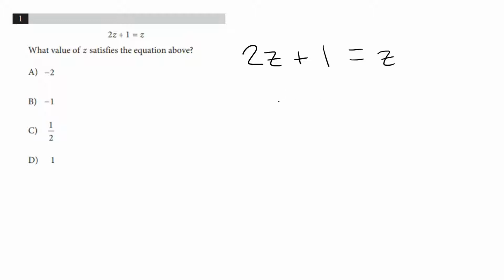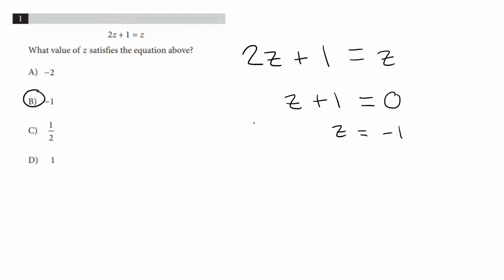So let's subtract z. So 2z minus z is just z plus 1 is equal to 0. So from here, we just subtract 1 and get z is equal to -1. Now, usually you want to just plug this in and select B and hope you did the process correctly.